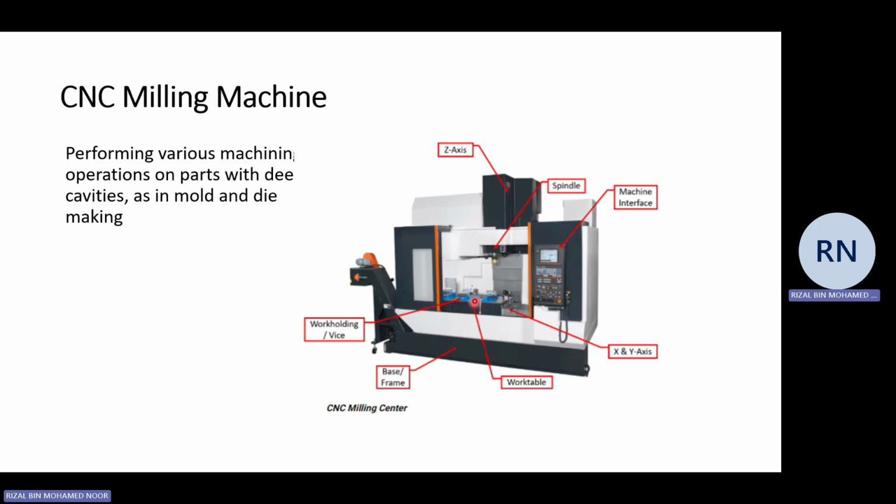The work table size depends on the model of the machine, and the pricing of the machine will be based on the spec of the work table size, the spindle speed, and the distance these axes can travel. So all of these influence the pricing.